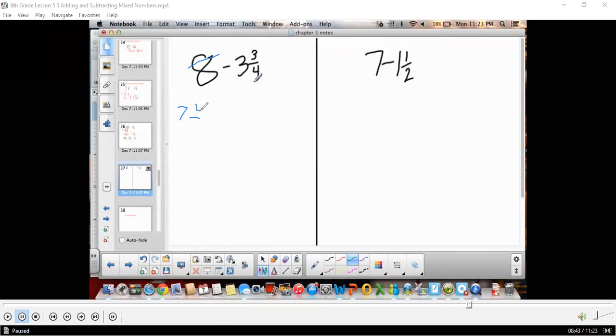The number which we borrow will have the same denominator, 4 out of 4, minus 3 and 3 out of 4. Then 7 minus 3 equals 4, the same denominator which is 4, and 4 minus 3 equals 1. Already it's written in simplest form, so no more steps.